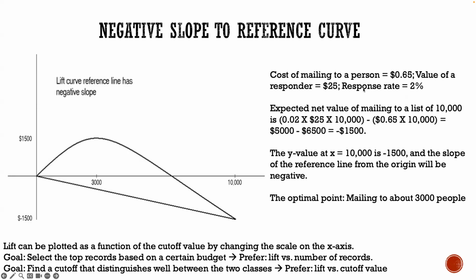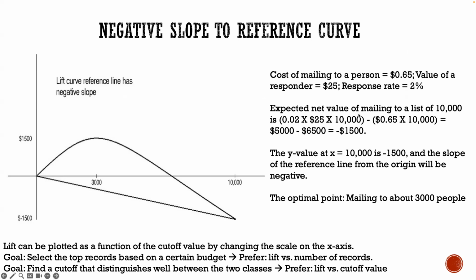Right? Let's say the cost of mailing to a person is 65 cents, the value of a responder is $25, and we have a response rate of 2%. Now, suppose we send 10,000 mailers, then because the 2% people are responding, we get $25 from them, and that would be 2% of 10,000 multiplied by $25.